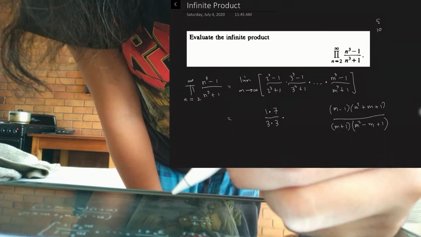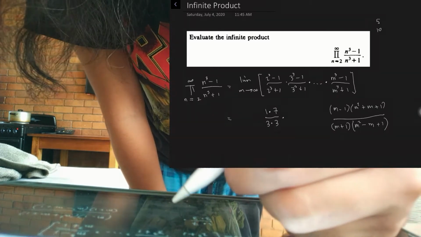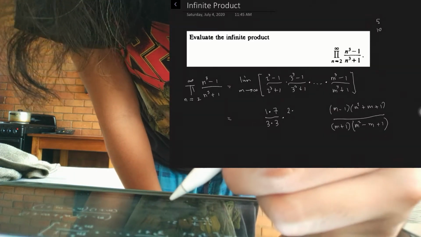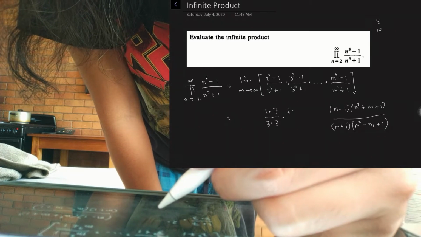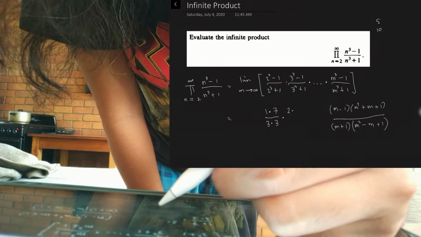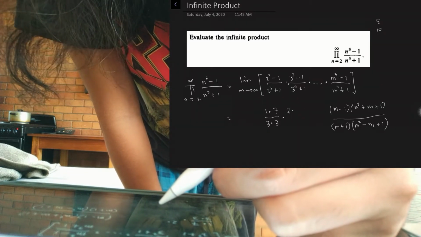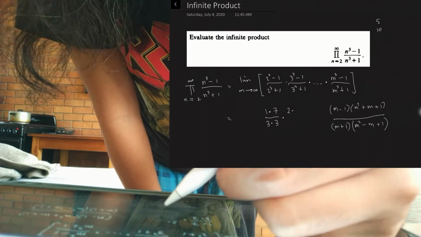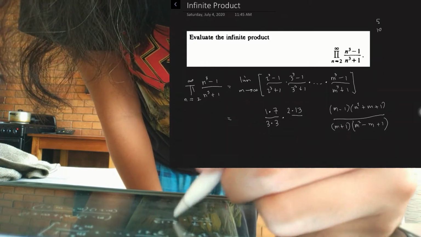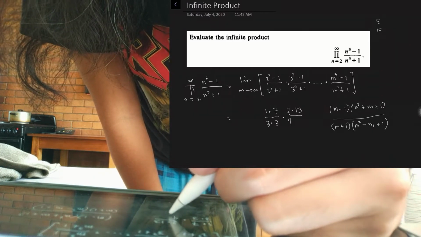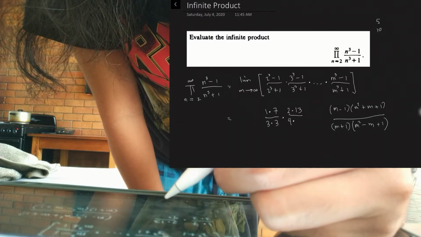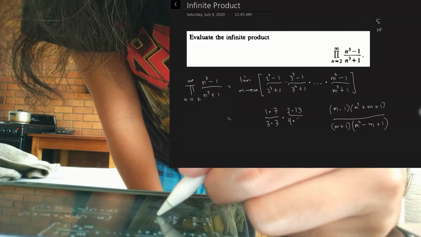Then the second term, when n equals 3, you have 2 multiplied by 3 squared is 9 plus 3 is 12 plus 1 is 13. In the denominator you have 3 plus 1 is 4, and then 3 squared is 9 minus 3 is 6 plus 1 is 7.